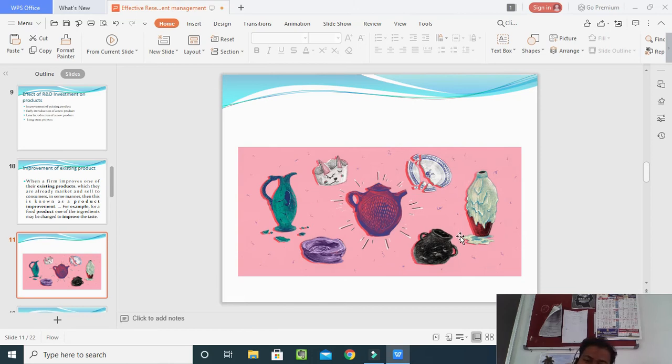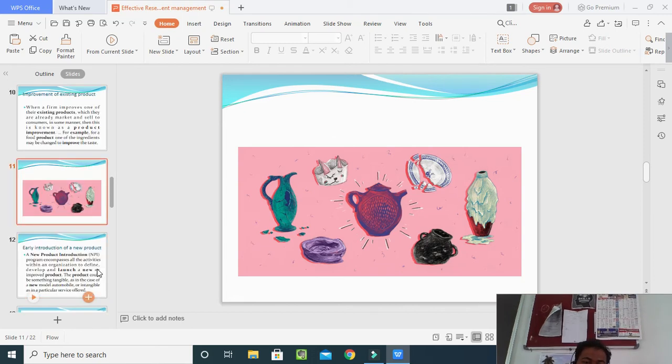In the olden days there was the pot people used for drinking water, but now it has become like a jar. When a new feature is added, it has a new look, so people give preference to the product and purchase it. So this process is known as improvement of the existing product.